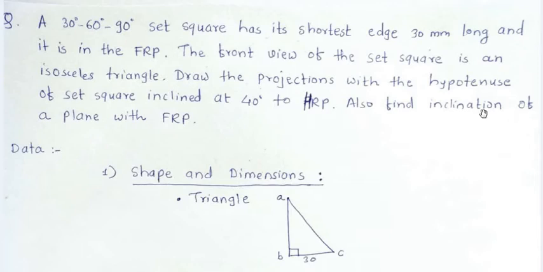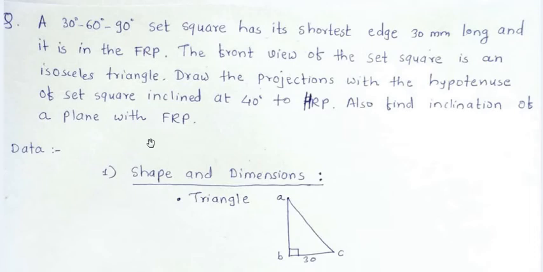Also find the inclination of the plane with FRP. So this is the problem. As I have said, this problem involves all three mentioned complications, but we will elaborate on them at the due stage. First, we will follow our regular procedure.